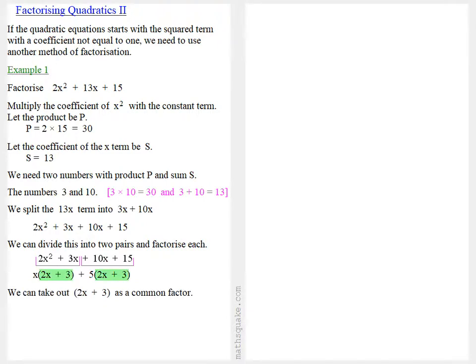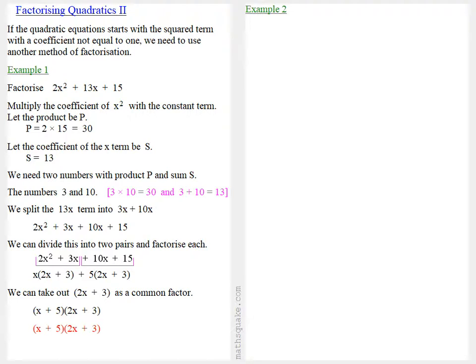Now, both these terms have a bracket 2x plus 3 as a common factor. So we can take out 2x plus 3 as a common factor. We've got x into 2x plus 3 plus 5 into 2x plus 3. So we have x plus 5 into 2x plus 3. And that's our solution.